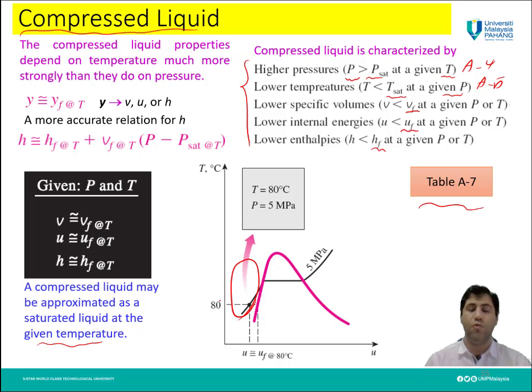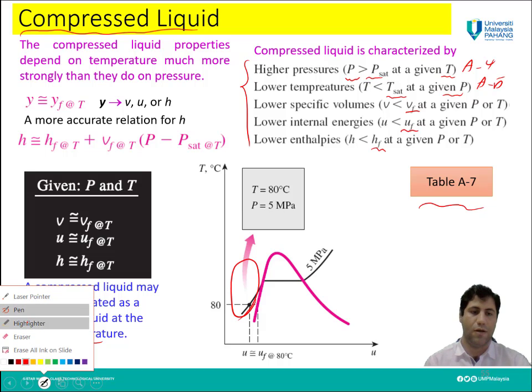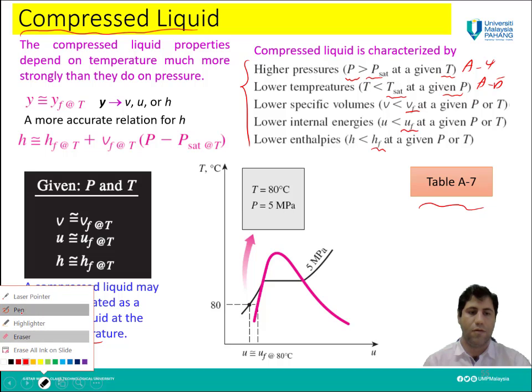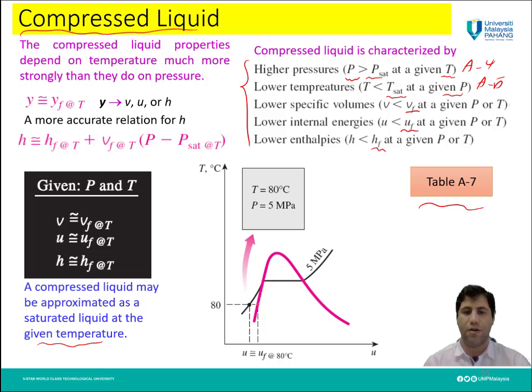So we can have this approximation like what we have in this figure. If you notice here, for example, here is the T-U diagram, the temperature which we have is 80 degrees Celsius. The internal energy for saturated liquid at this temperature is this much.